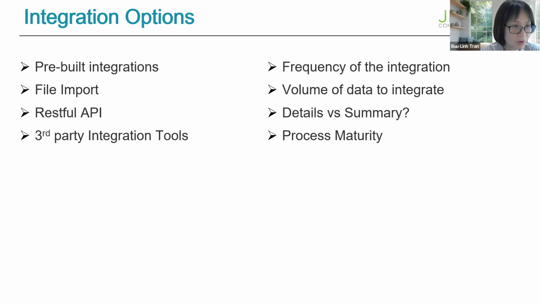Integration options. When we talk about integrations, there are options in terms of how we would want to go about integrating systems. The first item on the left is pre-built integration. There are a lot of cloud-based systems, and many of them have what I call pre-built integrations, meaning these third-party solutions invested in building an integration between their system and some other platforms.